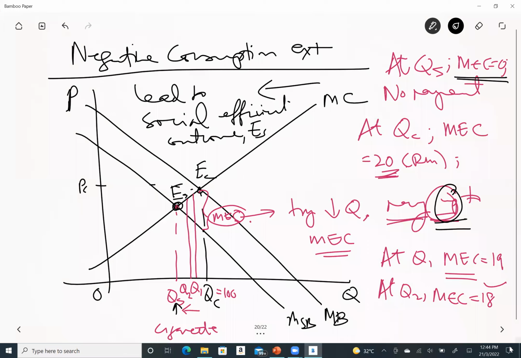If you have the right to clean air, it's not EC. At EC, he has the right. He has the right to smoke a lot of cigarettes, and that will generate external cost. But now we have the right to clean air.